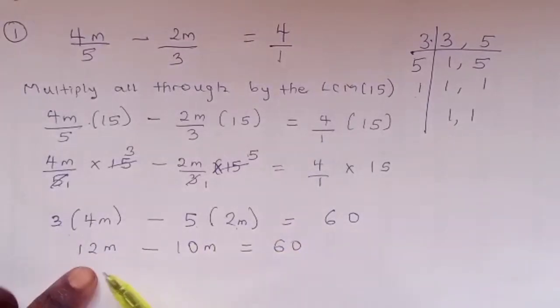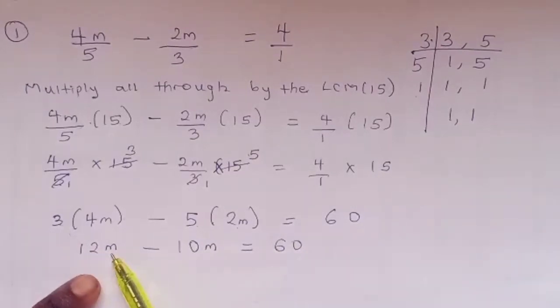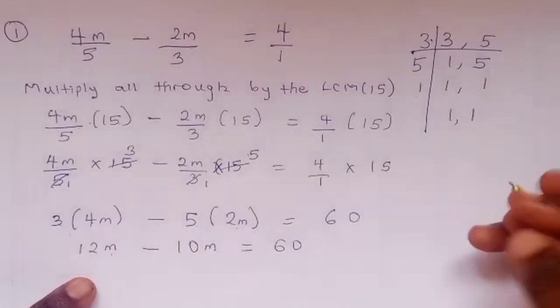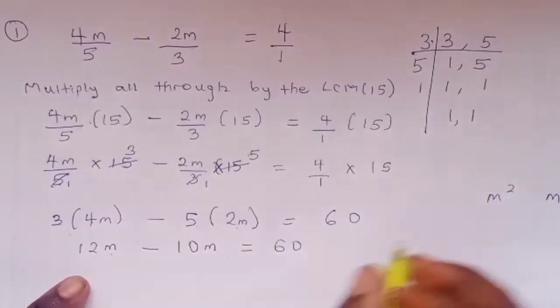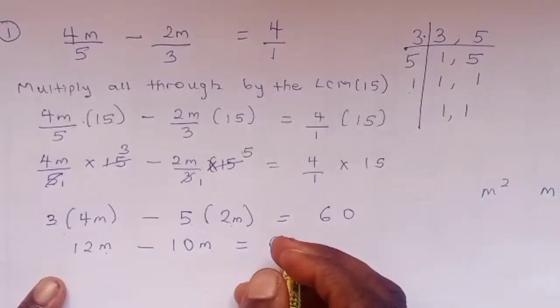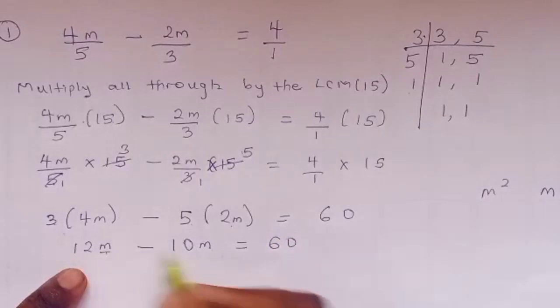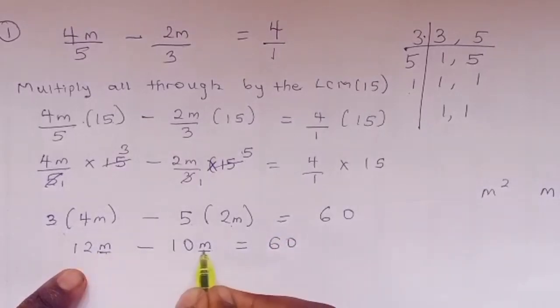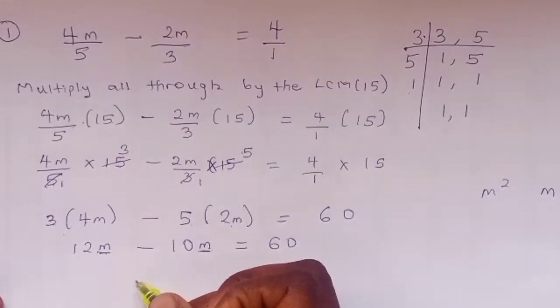Now here we have like terms, we have m here, we have m here. In some equations, some we have m square, some we have m. In that type of situation, you cannot do anything else to it unless you apply another method. But here, because they have the same unknown variable, we can subtract it.